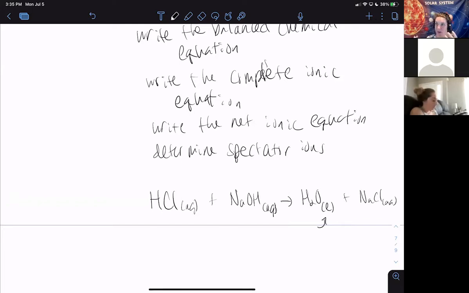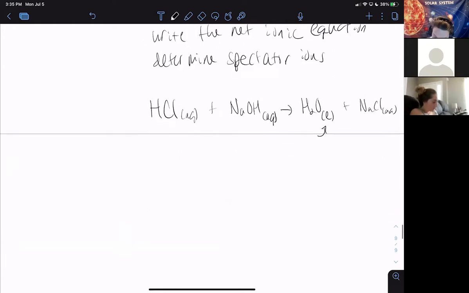Keep in mind, anything that's in the aqueous state, if it's ionic or a strong acid or a base is really just ions in solution. So all the things that are ions are actually going to be ions in solution. So when we go to our, sorry, 1 second.